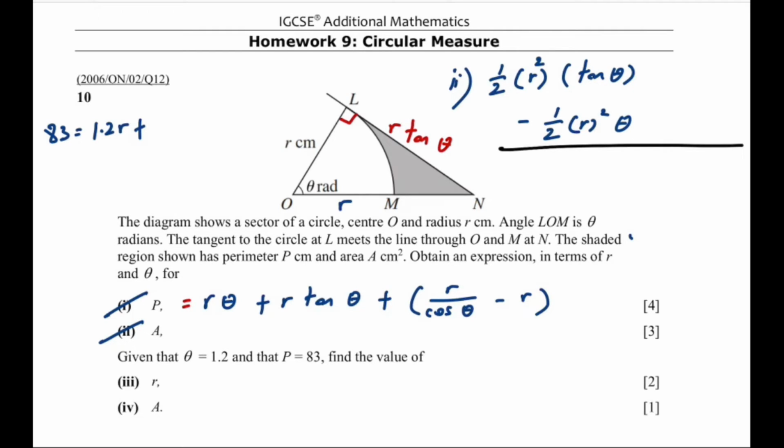Let's see what we have. If I sub 1.2 here in terms of radian, oh, it's not going to be beautiful. I keep it as tan 1.2 first, plus r over cos 1.2 minus r. Oh, not beautiful. But I think I can do one thing here.